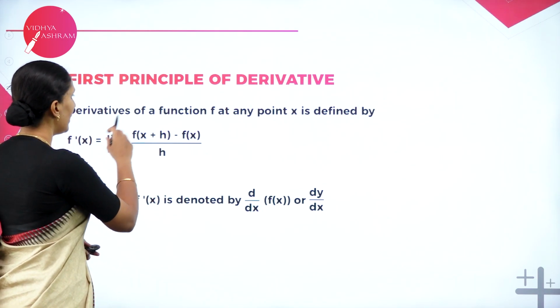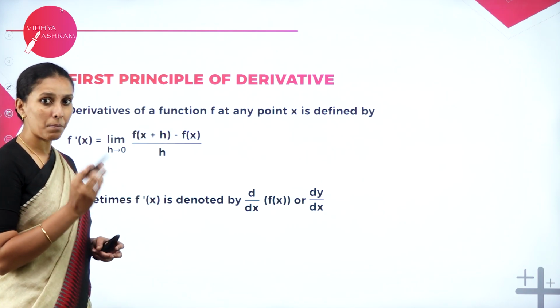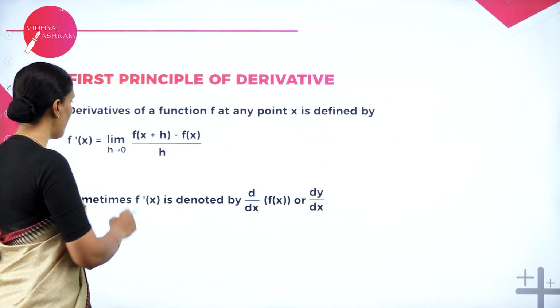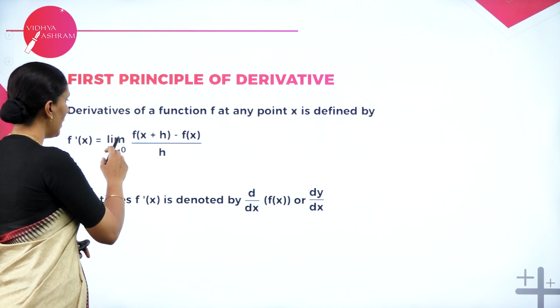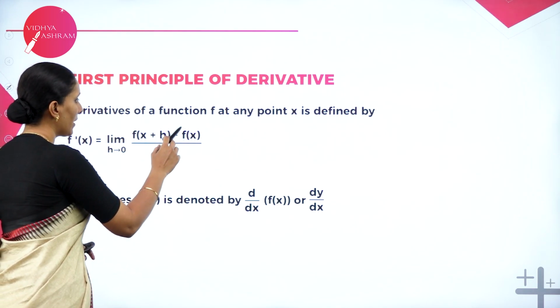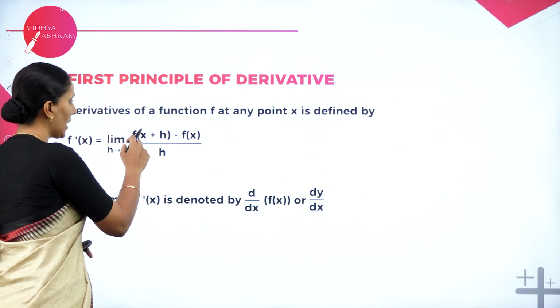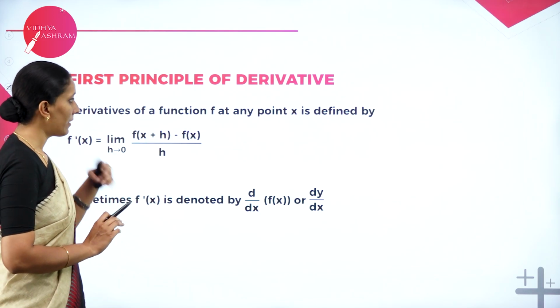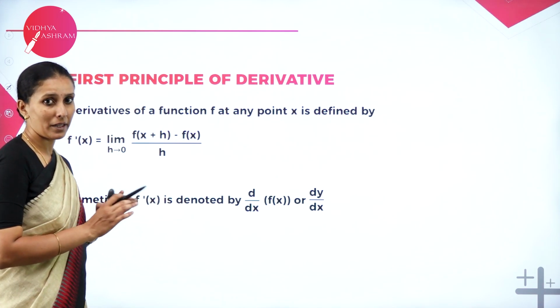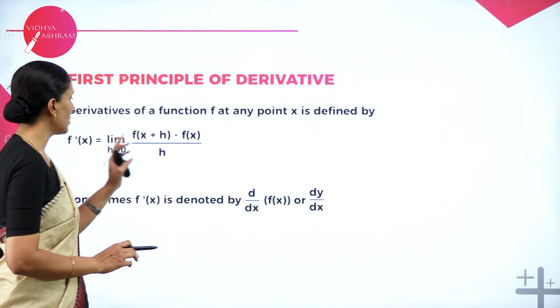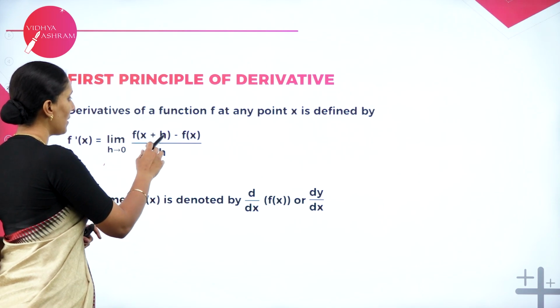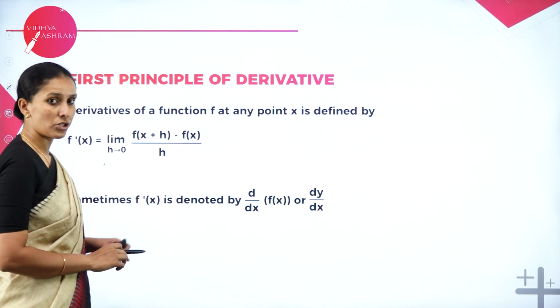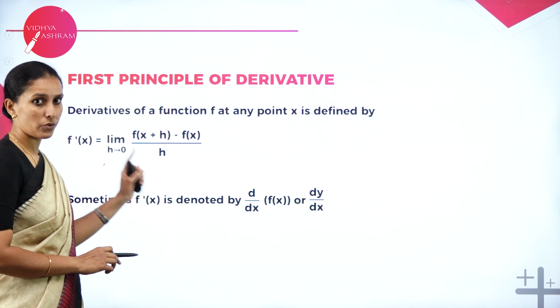So therefore, the derivative of a function f at any point x is defined by f dash of x equals limit of f of x plus h minus f of x by h. Usually we would have taken it as a plus h, but a is the particular point. But for any point, whatever may be the point, the derivative of the function can be defined as f of x plus h minus f of x divided by h, applying limit as h tends to 0.